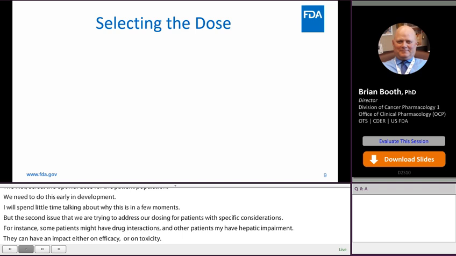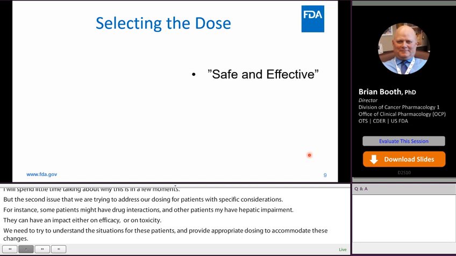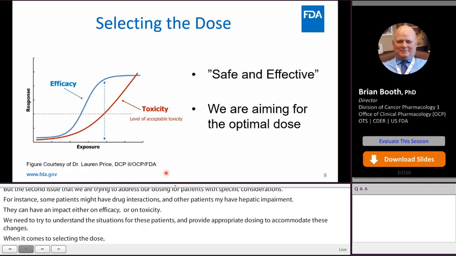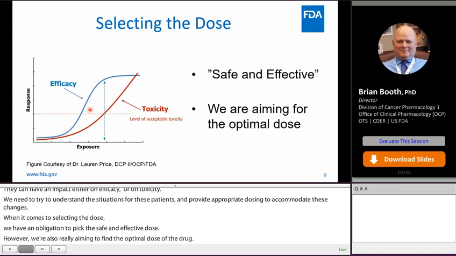Now, when it comes to selecting the dose, we have an obligation to pick the safe and effective dose. However, we are also really aiming to find the optimal dose of the drug. And if we look at that in terms of the exposure response for any given drug, we can have the relationship for efficacy plotted on the curve, shown in blue in this case, and the relationship for toxicity also shown in this case here in red.